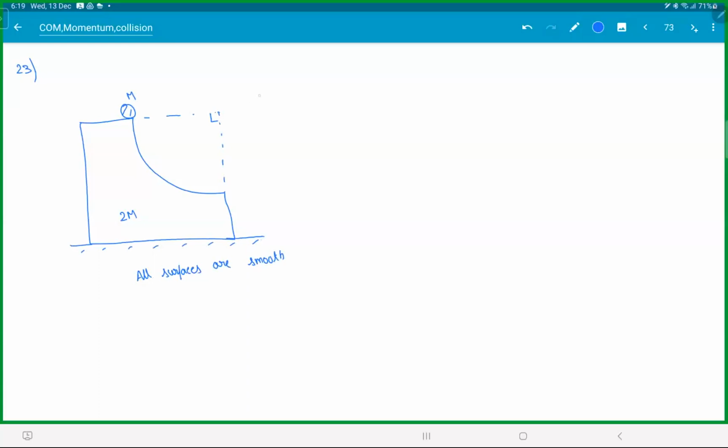And this is a wedge with a circular track, a quarter circle basically, of radius R. This bottommost point is A. Someone slightly pushed the ball and the ball started rolling down. Now, as the ball is coming down, understand it will push the wedge also backward. The wedge is also moving back now. Find the velocities, and the normal reaction when the ball reaches point A.